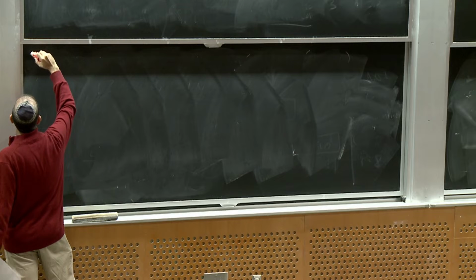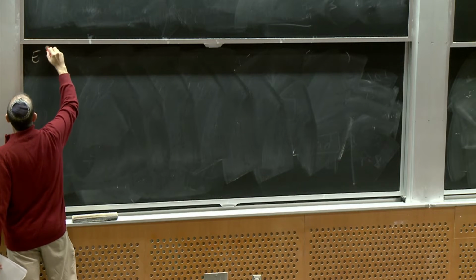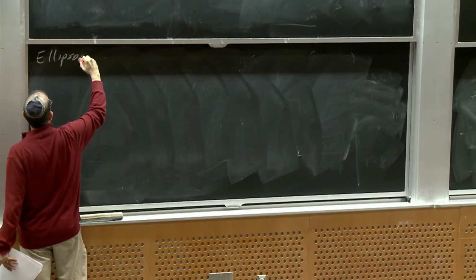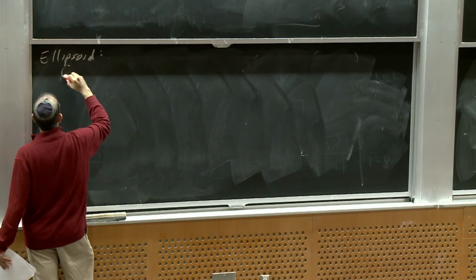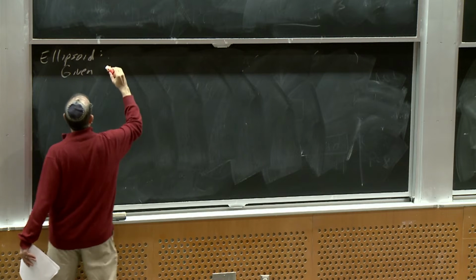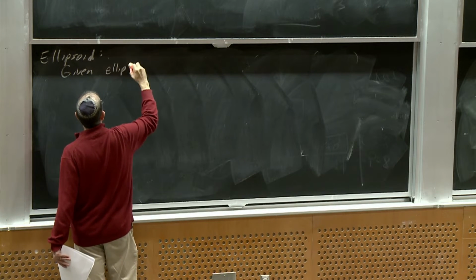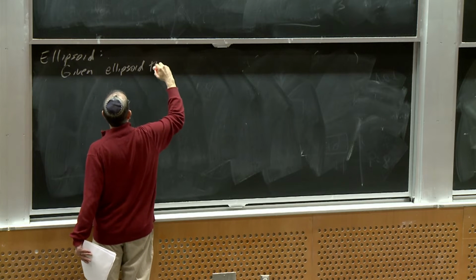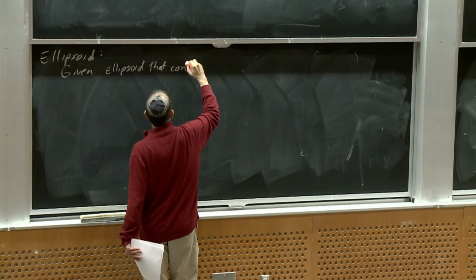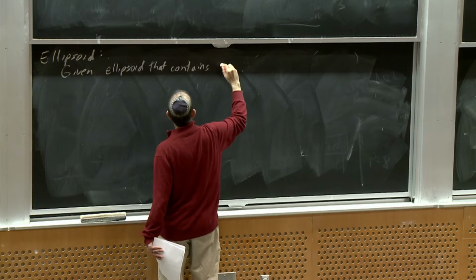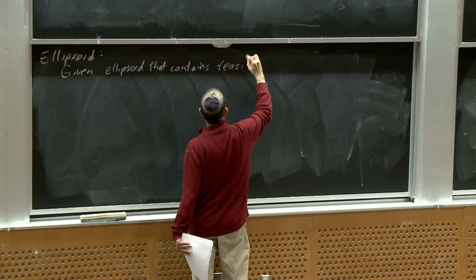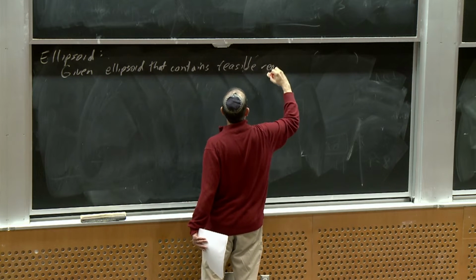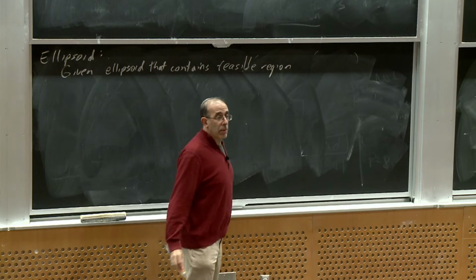So what you do is you're given an ellipsoid that contains the feasible region. Okay. Now, what's an ellipsoid?